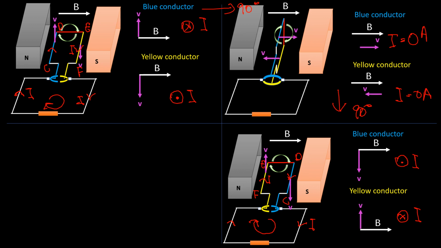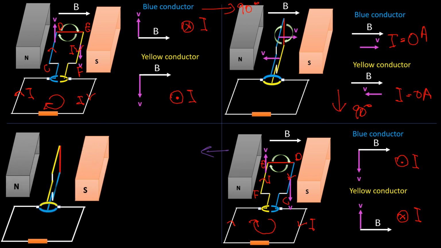Okay. Now, again, your plane of your coil is rotated 90 degrees, then you will get this type of diagram. For your blue conductor, it will move to the left. So you have your V positioned to the left, while your B is positioned to the right.